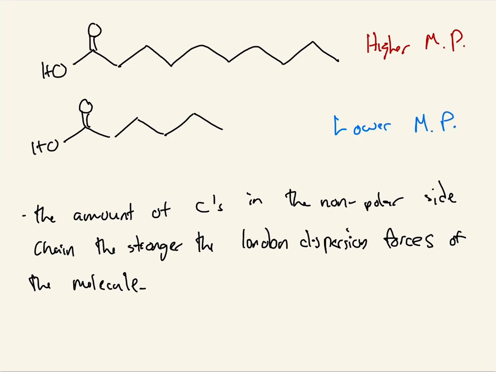So when we're looking at fatty acids, we could look at the degree of polarity of the molecule, and that might have a small effect. But really, once we start getting anything above 5 carbons total, the molecule isn't really thought of as polar anymore, because the nonpolar part of the molecule dominates or determines a lot of the intermolecular forces that are present there.